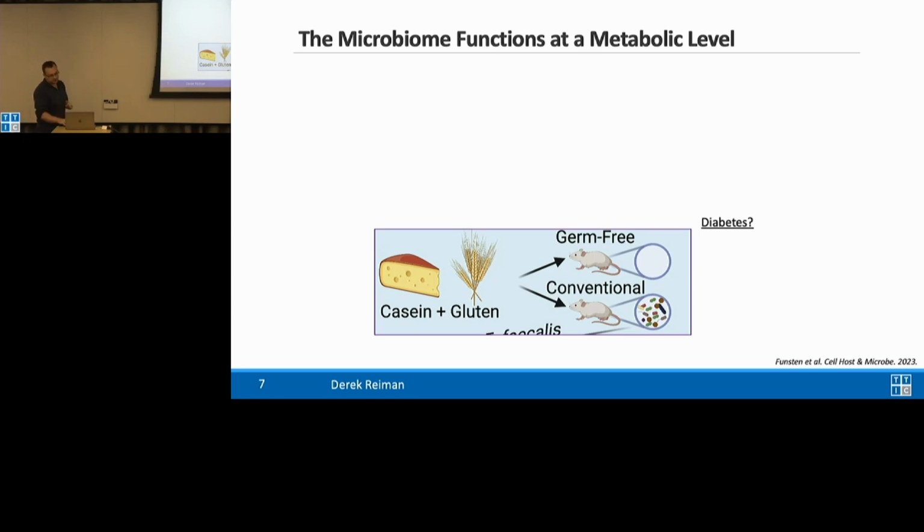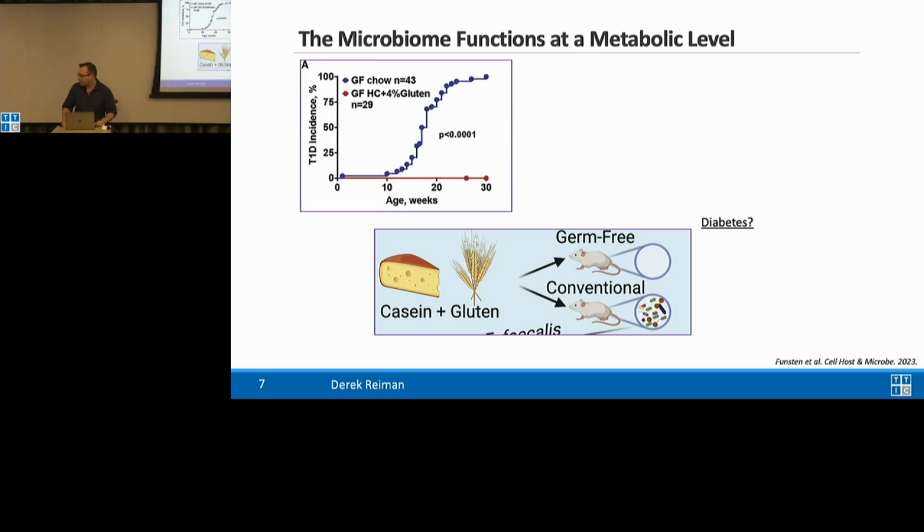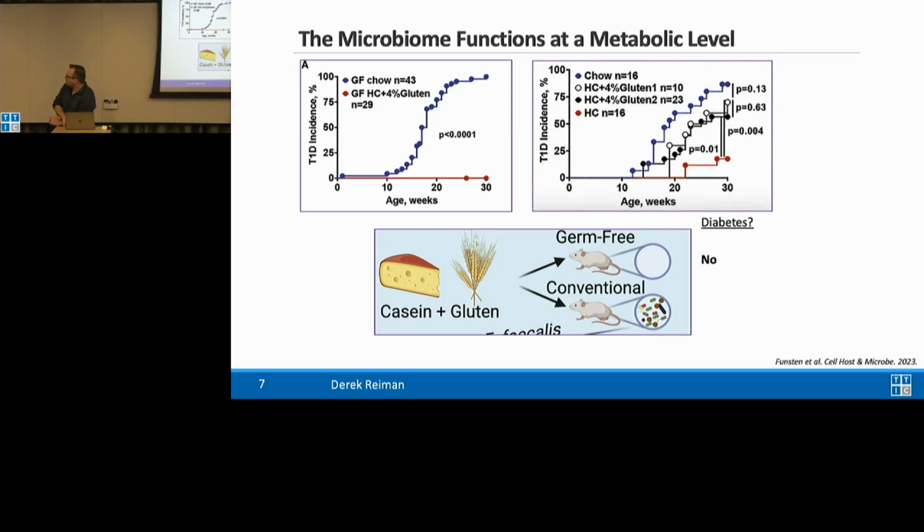When we add gluten to this equation, for the mice that don't have a microbiome, we don't really see a change. They still have no diabetes, it's virtually gone. But when we look at the mice with the microbiome, compared to our baseline chow in blue and our normal casein, where we remove type 1 diabetes, in the red, when we look at the black and white circles, which are two different gluten sources, we now have diabetes again.